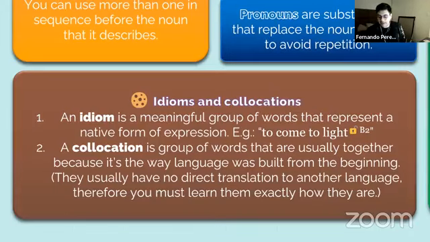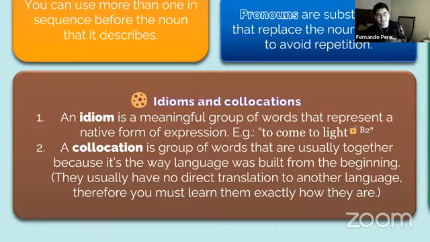The issue about it is that the only way to access it is with the phone. There is no other way. On the website, it doesn't work. So that's the only way to study collocations. Or with a physical copy, no?